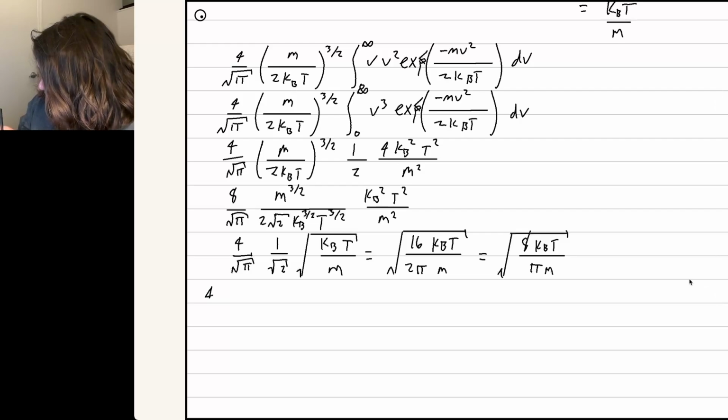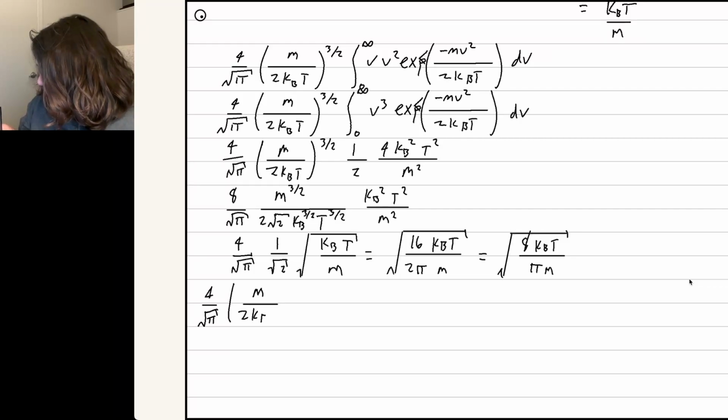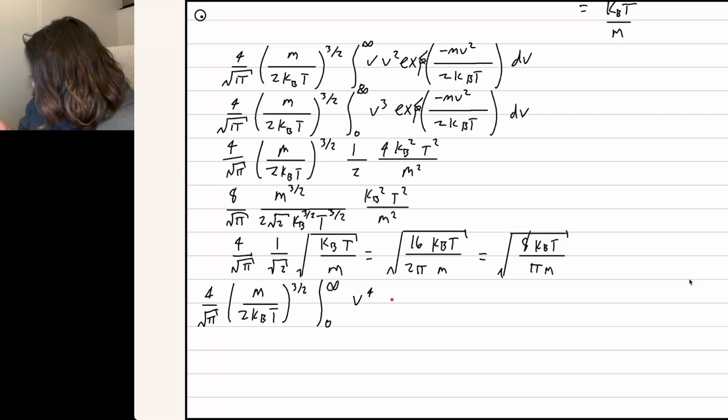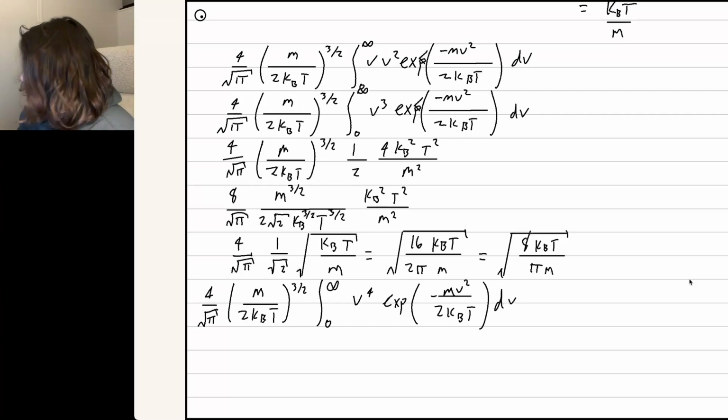So it's 4 over square root pi, m over 2 kbt to the 3 halves, and then integral from 0 to infinity v fourth exp minus mv squared over 2 kbt dv.